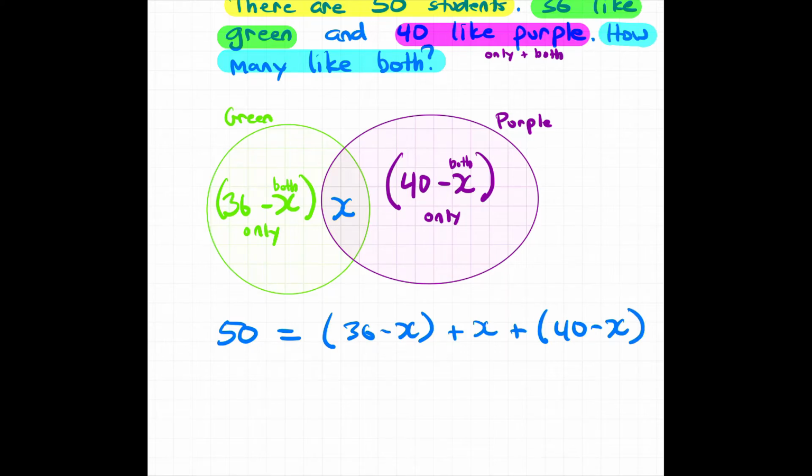Okay, so now what do we need to do on this side over here? We need to combine like terms. So you can see that even while we're doing Venn diagrams or other things, we're going to be bringing algebra into there.